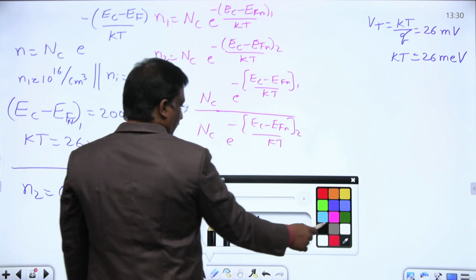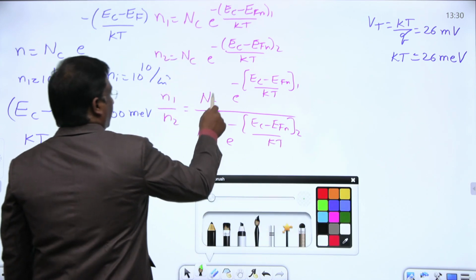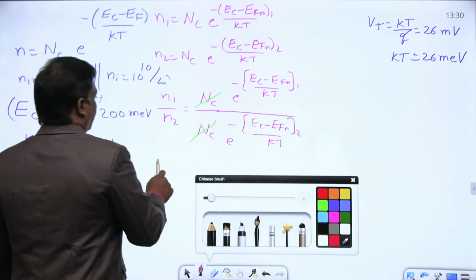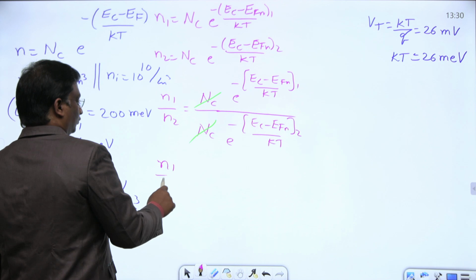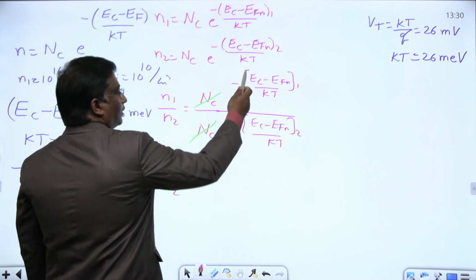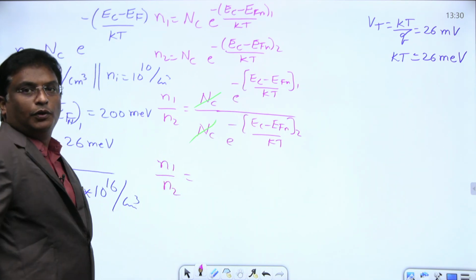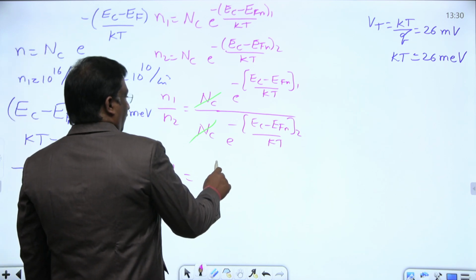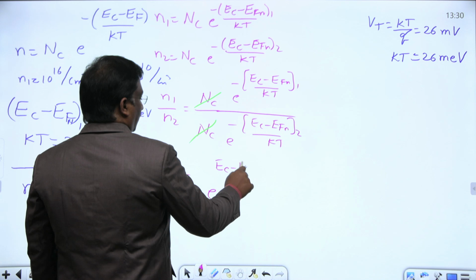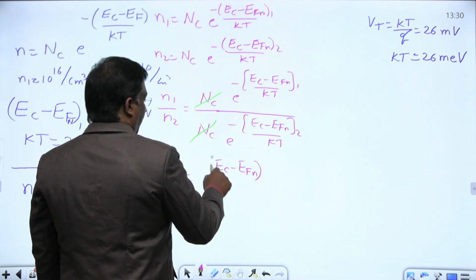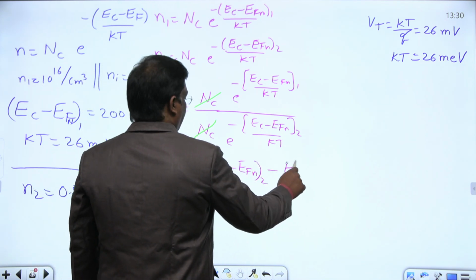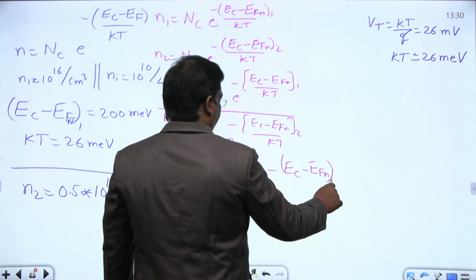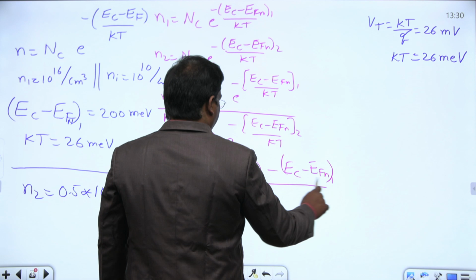Here Nc gets cancelled. Therefore N1 by N2, e power A by e power B, is e power A minus B. We can write e power (Ec minus Efn of the second minus Ec minus Ef of the first) divided by Kt.